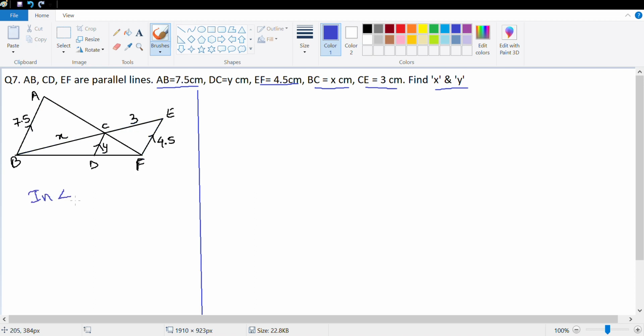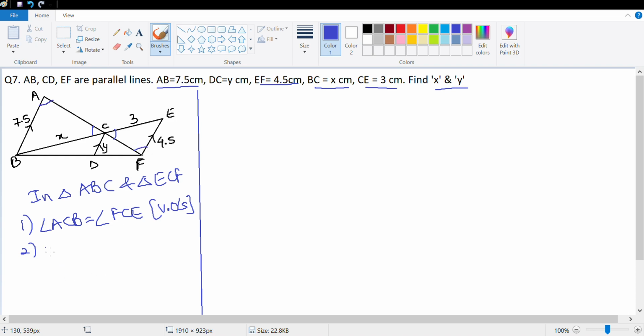So in triangle ABC and triangle ECF, angle C here and angle C here would be equal. Let's just write that down. Angle ACB is equal to angle FCE, vertically opposite angles. And number 2 would be, since these lines are parallel to each other, we will be able to prove them equal by alternate angles.